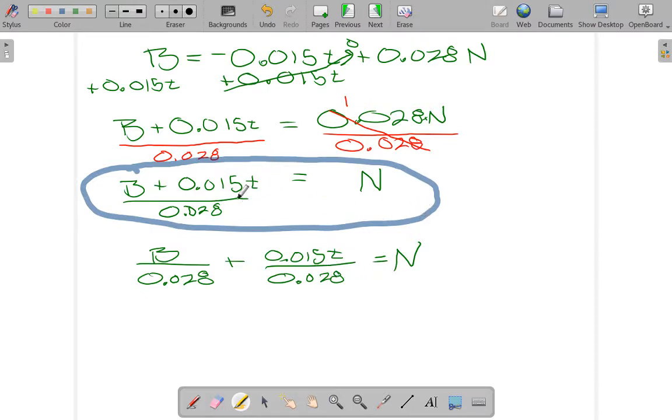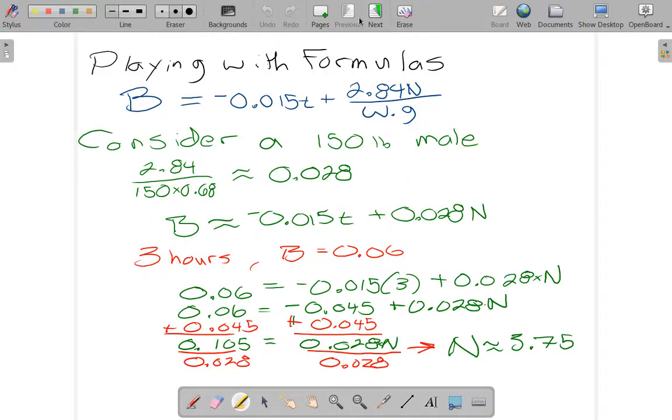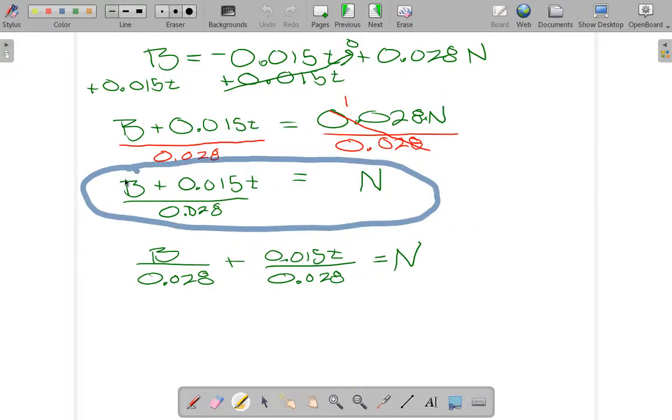Well, let's test to see if we did this right. So earlier we looked at what? A BAC of 0.06, 3 hours later. So we're going to just whip out our calculator and plug in 0.06 there and 3 there and see if we get the same answer.